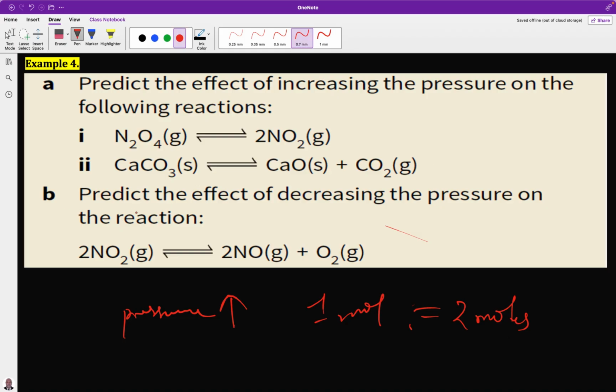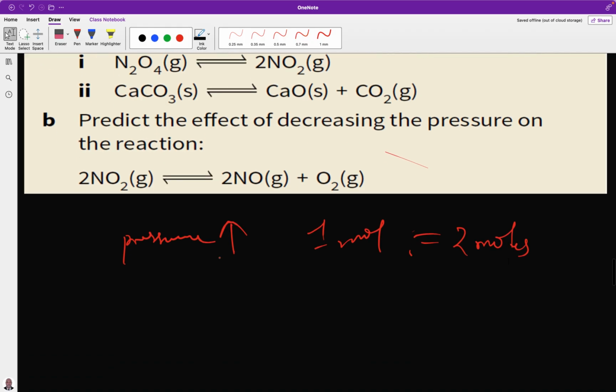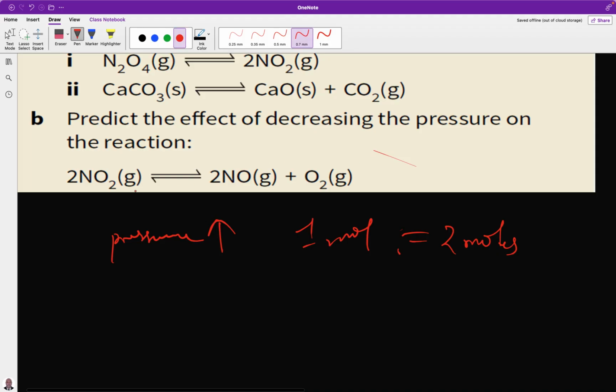Predict the effect of decreasing the pressure on the reaction below. On this other reaction here, 2NO2 to 2NO and O2.